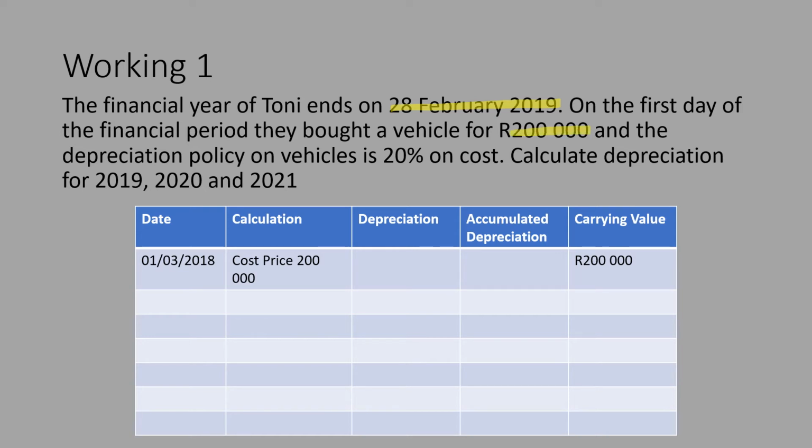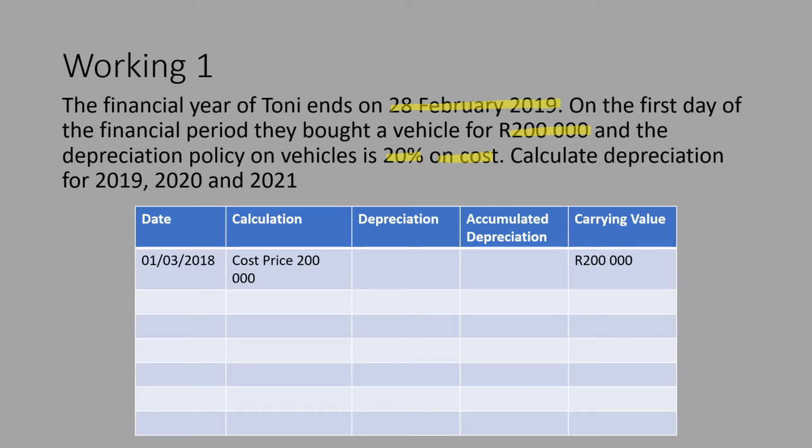That was 1 March 2018. They bought a vehicle for 200,000, and the depreciation policy on vehicles is 20% on cost. Calculate depreciation for 2019, 2020, and 2021.